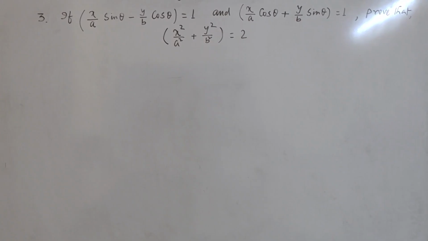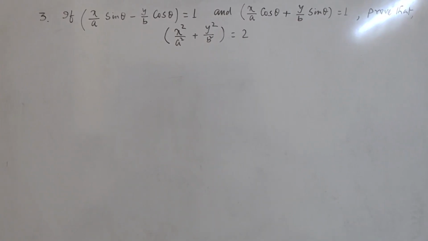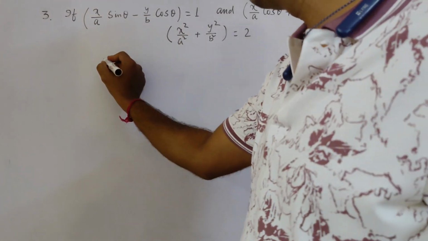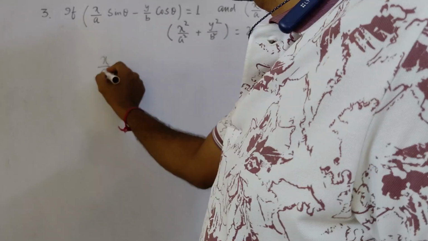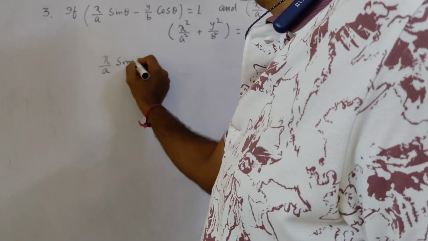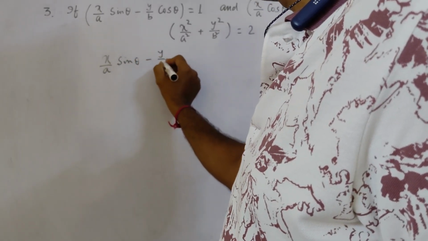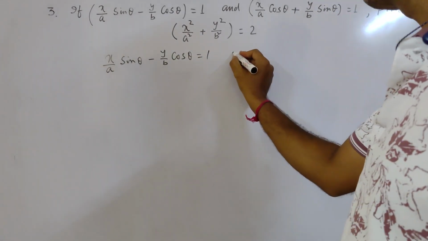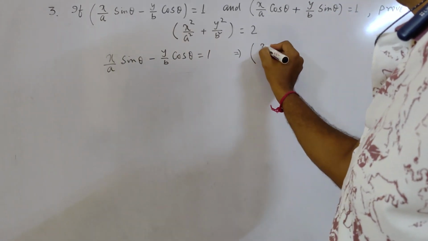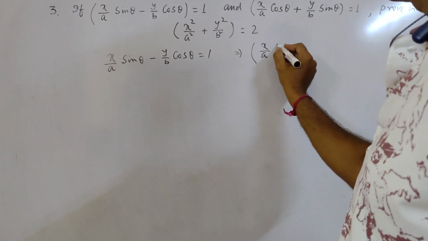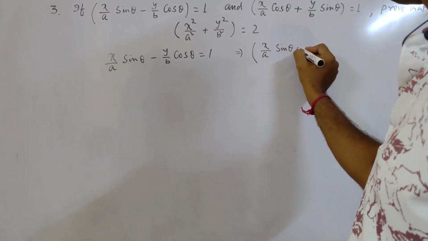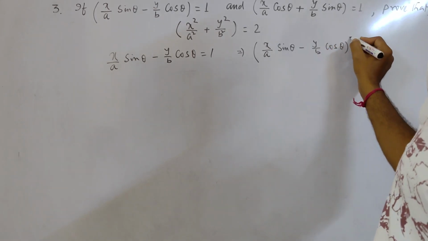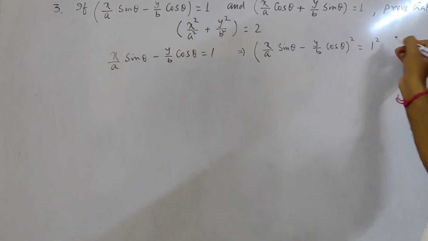First, it is given x by a sin theta minus y by b cos theta is equal to 1. So squaring both sides, we may write x by a sin theta minus y by b cos theta, its whole square is equal to 1 square, that means 1.